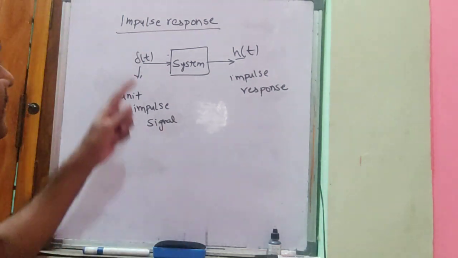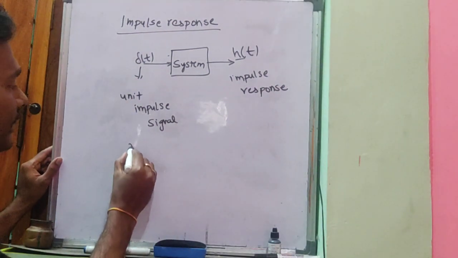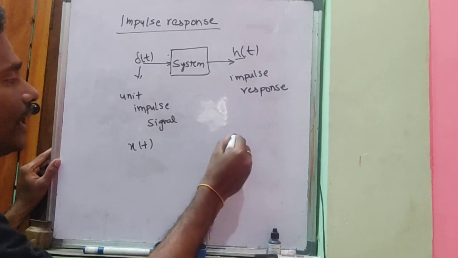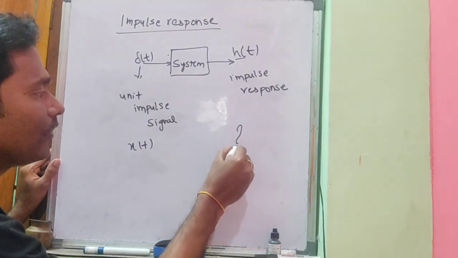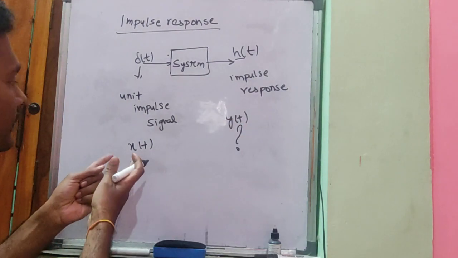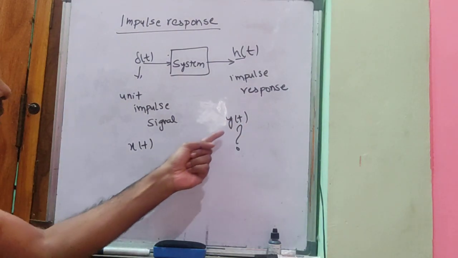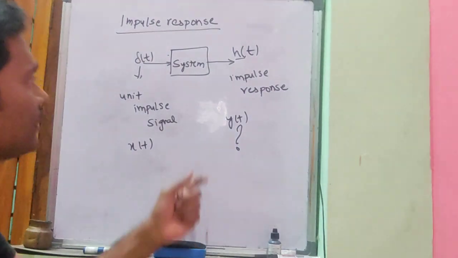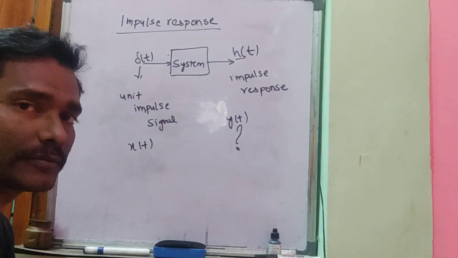Let us consider I have given some input x of t, and I ask you to find the output, knowing only the impulse response of the system.